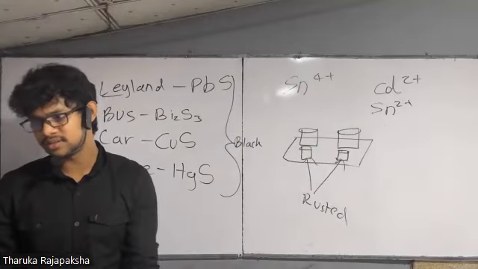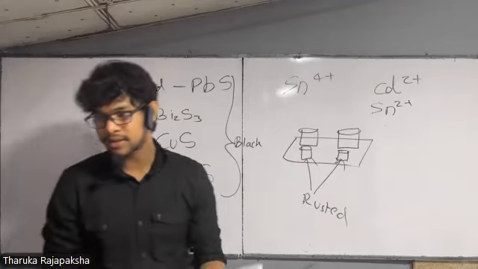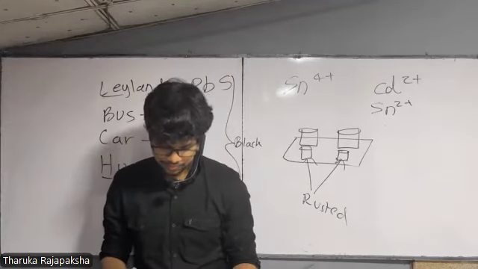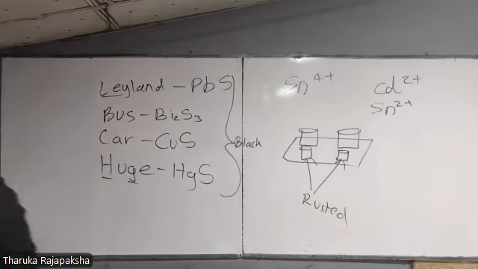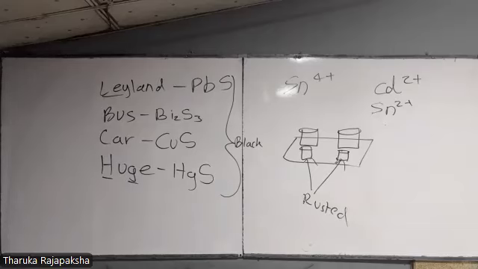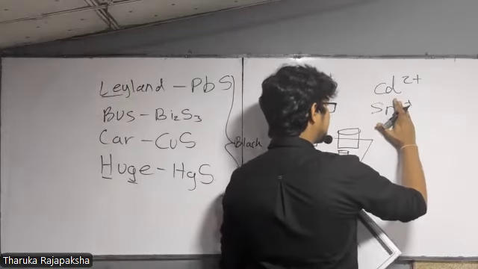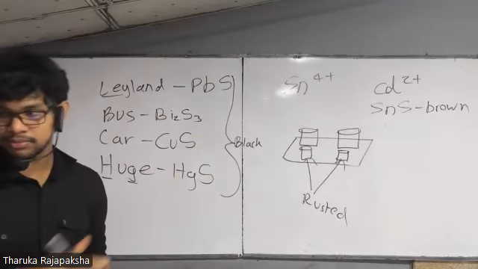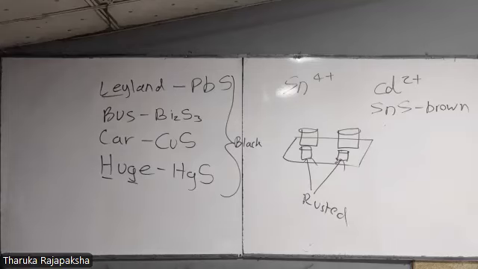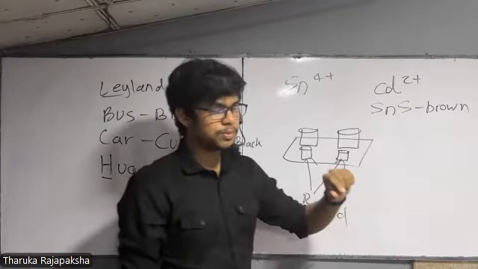People, tell me. Drop a message. Come on. Don't be shy. Yes, brown color. Rust means brown color, right? So actually tin sulfide that is formed is brown color. Easy. Rust is brown color, so tin 2 plus is brown color. You can call it reddish brown or brown. So tin 2 plus okay, cadmium 2 plus okay, tin 4 plus okay.